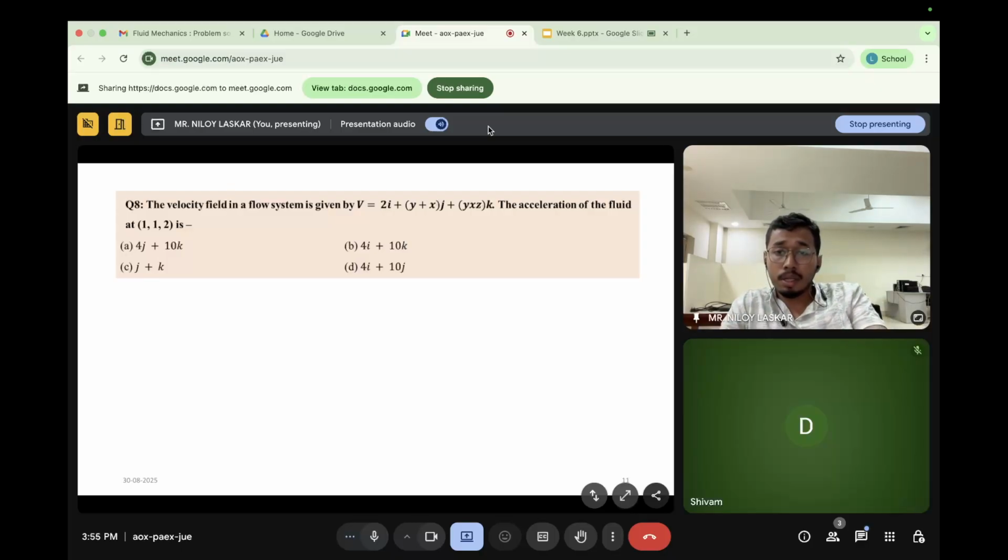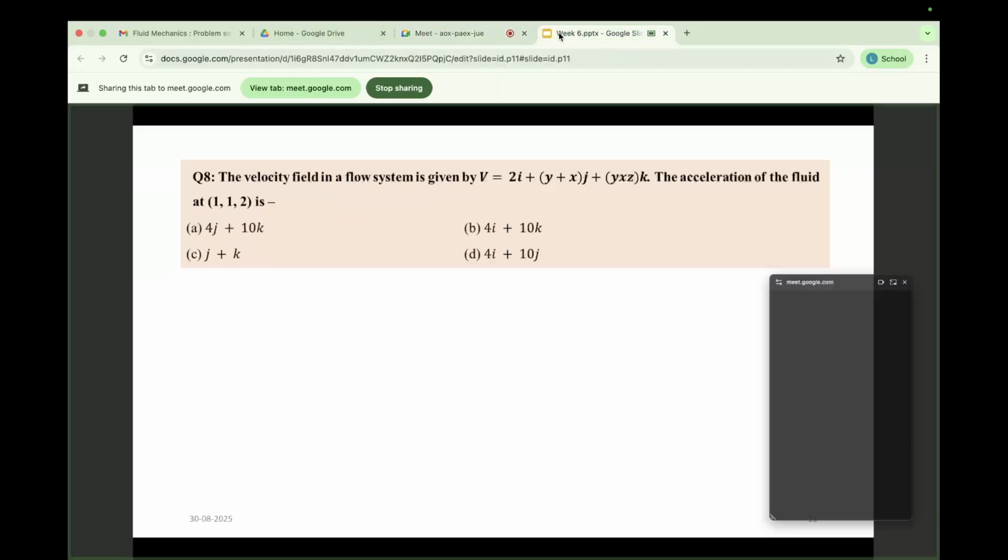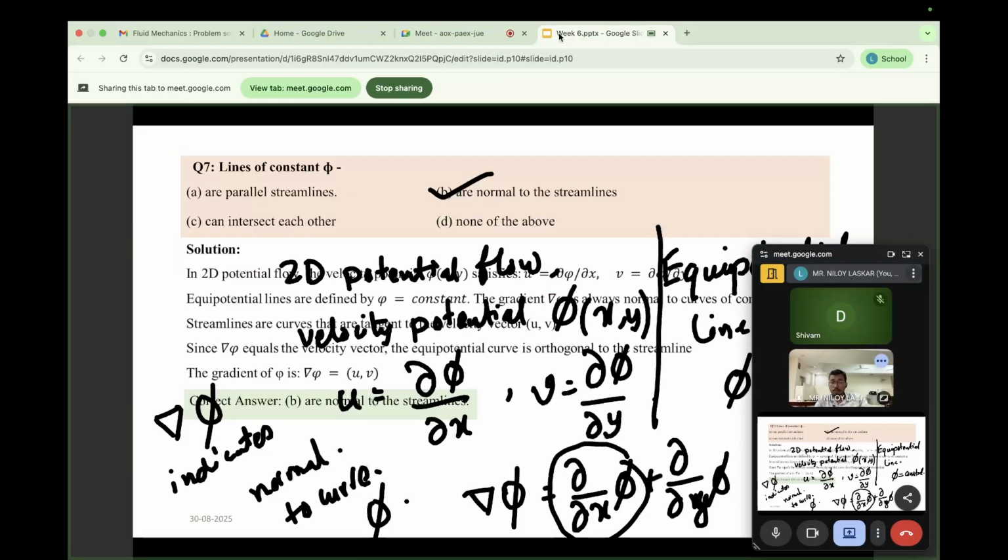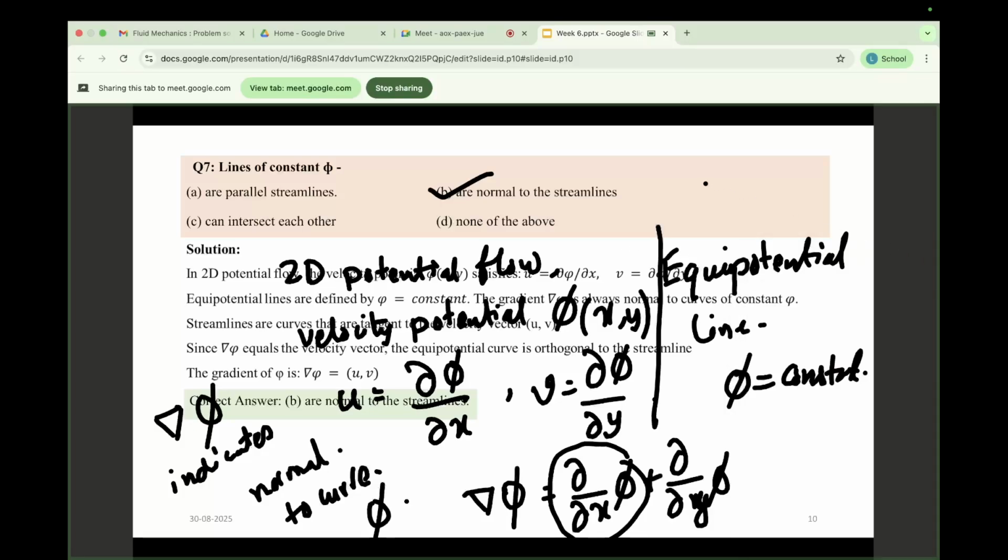Another thing I forgot in the previous slide, that you should please remember: the velocity field is always a function of u and v. If phi is given, you can find u and v.